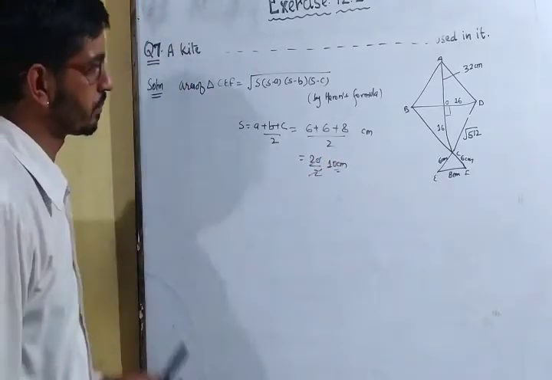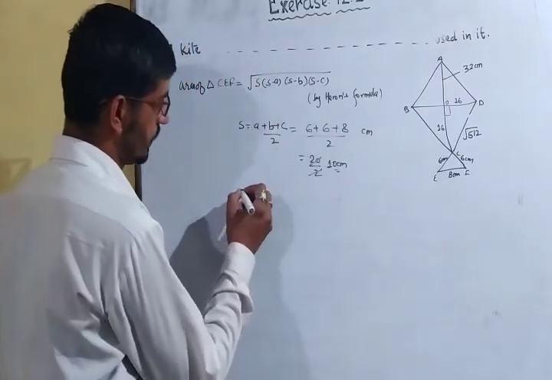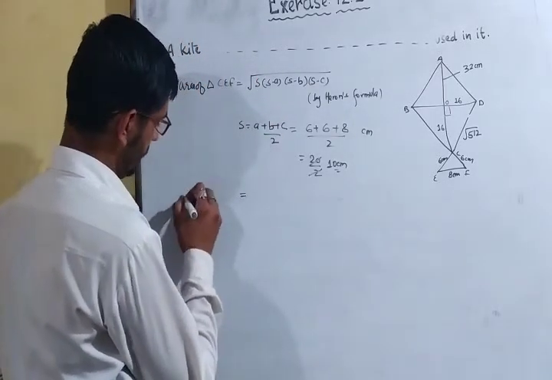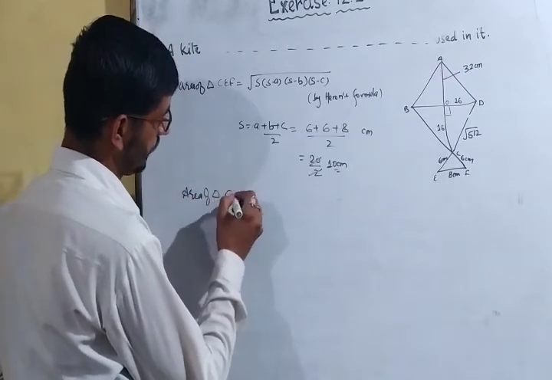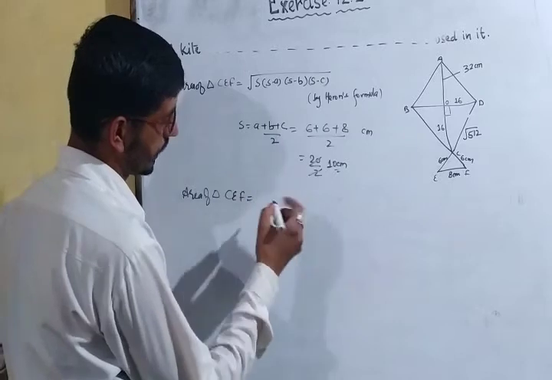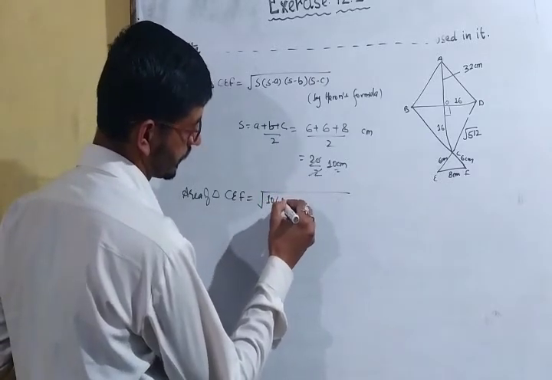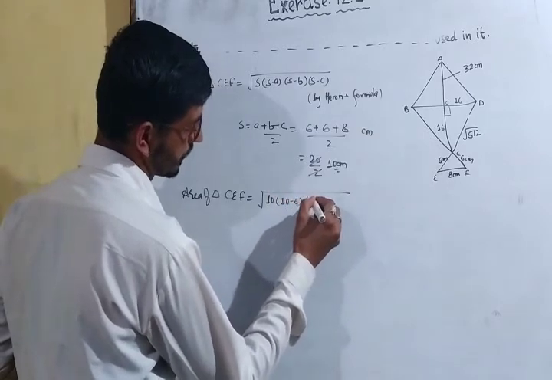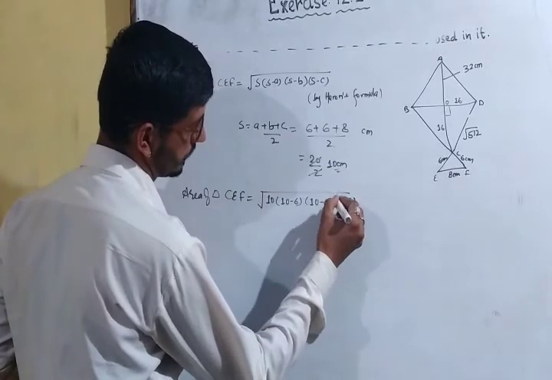So now we have S. Put the value in Heron's formula. So the area of triangle CEF is equal to under root 10 into 10 minus 6, 10 minus 6, and 10 minus 8.